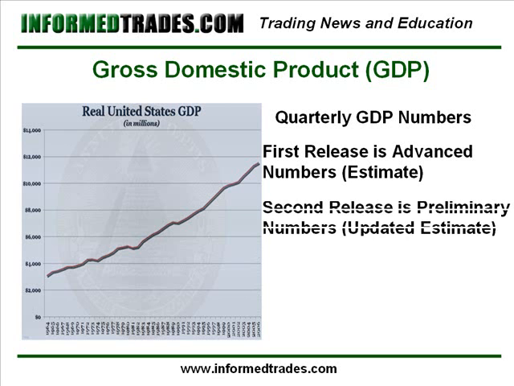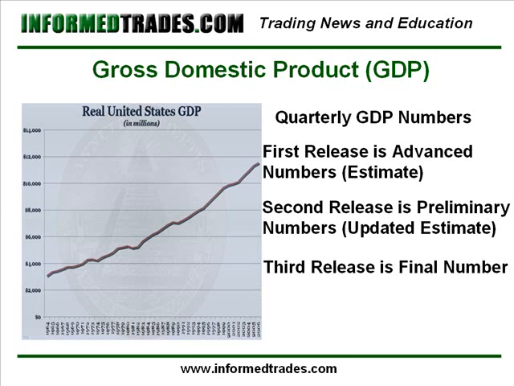In the second month after the end of the quarter being reported, you get the preliminary numbers, which basically means more accurate than advance, but still an estimate. And then finally, in the third month after the quarter ends, you get the final GDP number of the quarter being reported on. Traders are going to focus heavily on the growth rate released in the advance number, and they're also going to look for any significant revisions made to the preliminary and advance numbers.